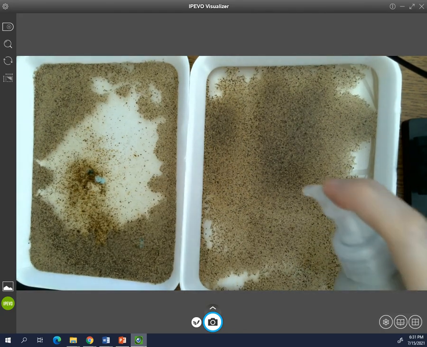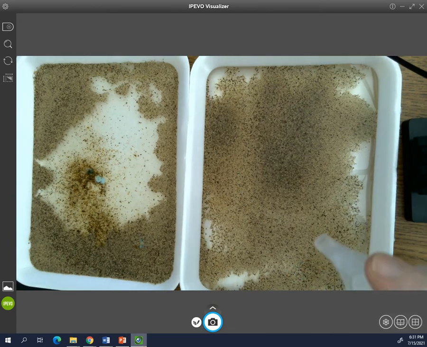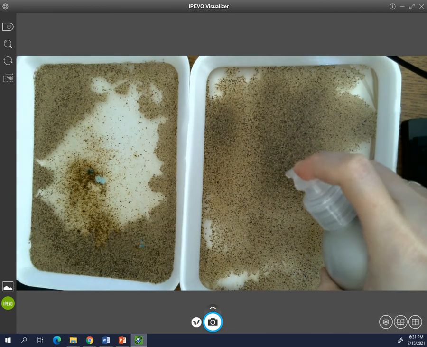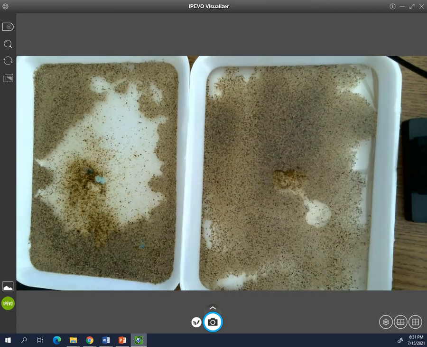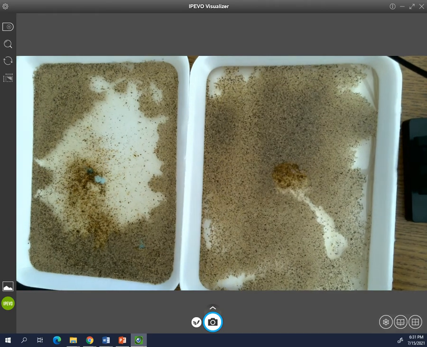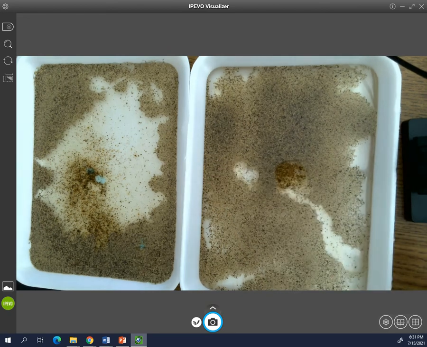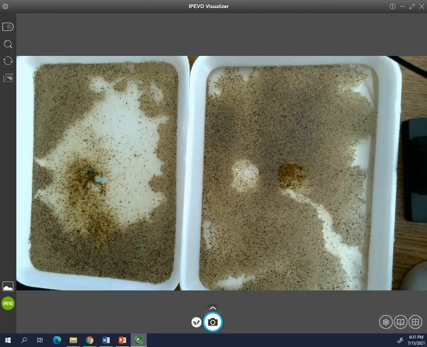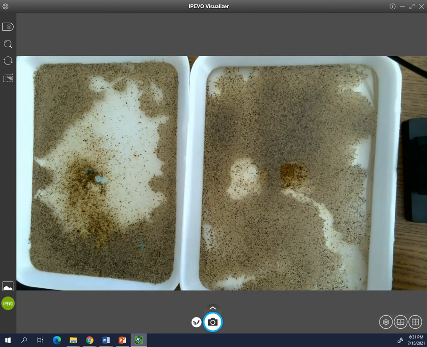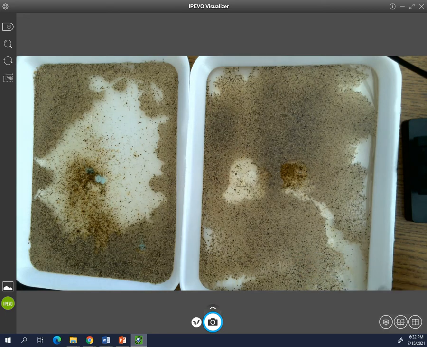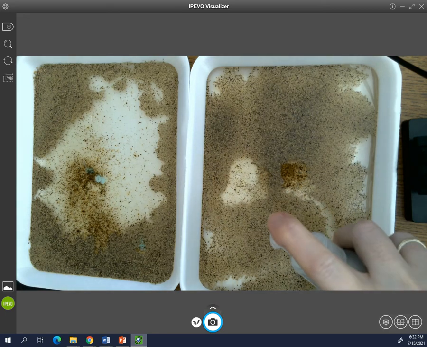And I'm going to do hand sanitizer next. Okay, it's a little bit different of a reaction, but it still helps disperse.